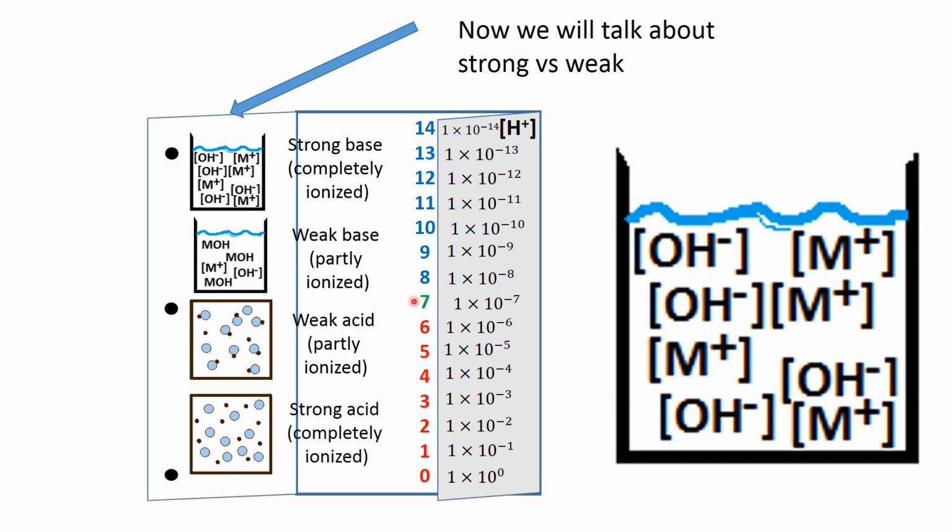So if I test a solution with blue litmus paper, it could be a base because it's blue, or it could be neutral, in which case it's just wet blue litmus paper. So in order to make sure that it is really turning blue, I test it with red litmus paper and see if it changes to blue. So I always test with both colors, and if they stay the same, it means it's neutral.